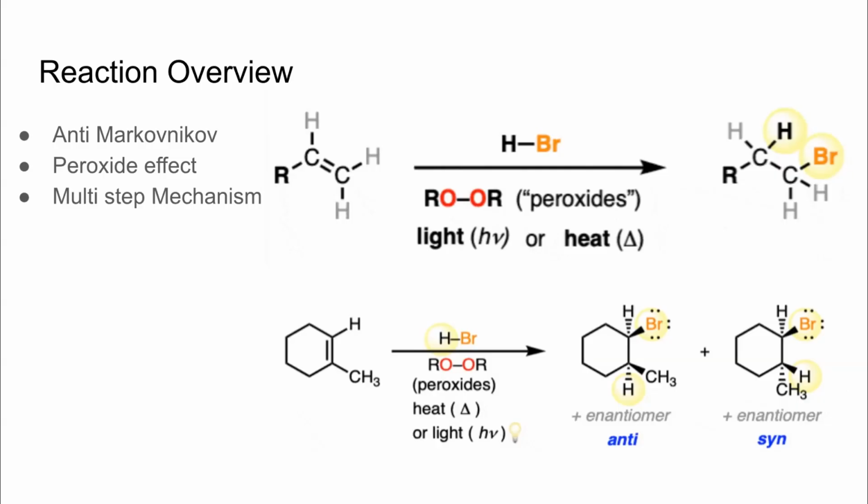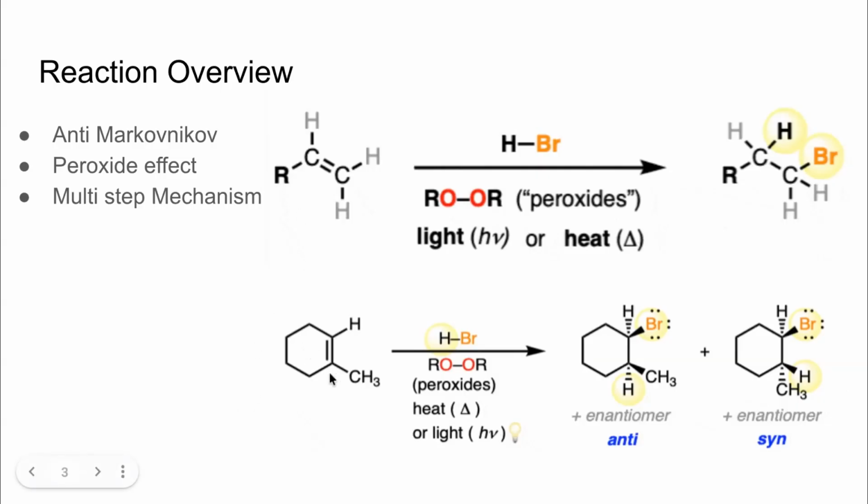So you can see here that the bromine is adding to the least substituted carbon, and the hydrogen adds to the most substituted. And this is called anti-Markovnikov addition, which is the regiochemistry in this reaction. And this leads to a multi-step mechanism, often called the peroxide effect.